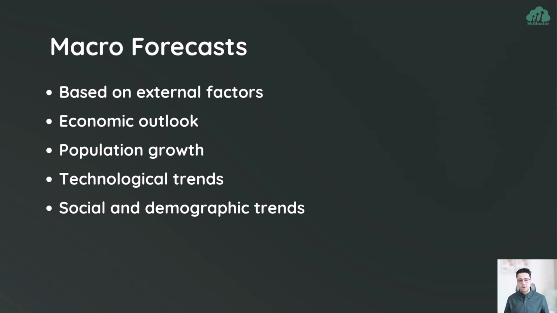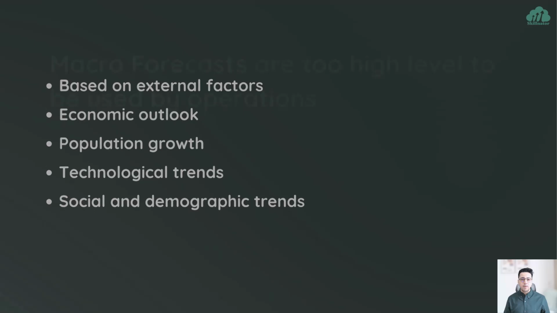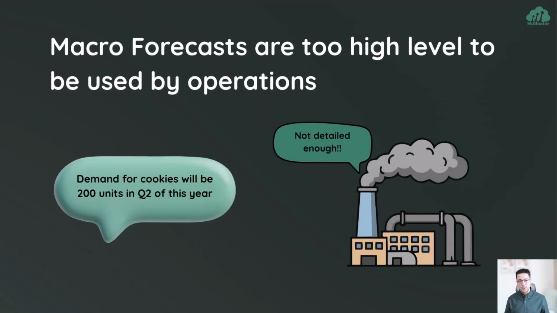This is a macro-level forecast. Macro forecasts are useful for directional planning, strategic discussions, and leadership communication. They help answer questions like where the business is heading and how the external environment in which the business operates is looking like. However, macro forecasts are way too aggregated to run the day-to-day operations of the business.